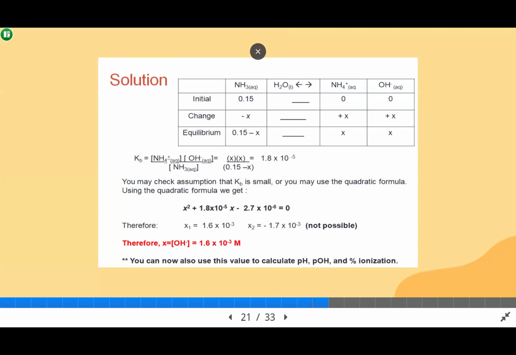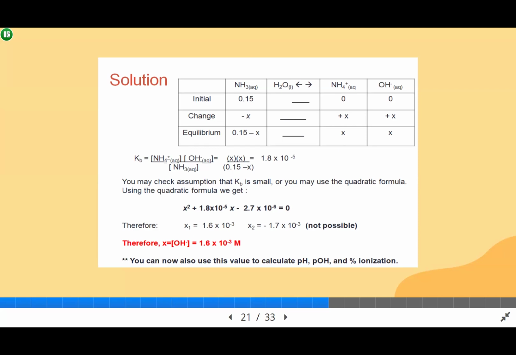So here's a solution. We set up our ICE table with our initial concentrations, our change using X and our mole ratios, and then our equilibrium concentrations. We then put together our Kb expression, which is the concentration of the products over the concentration of the weak base.